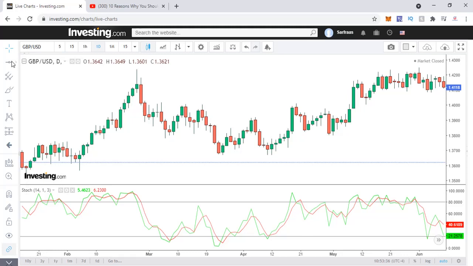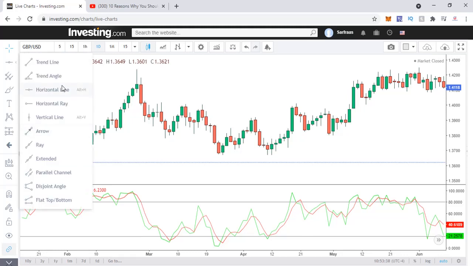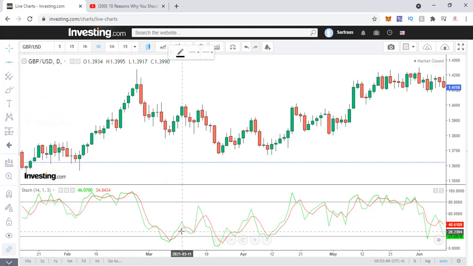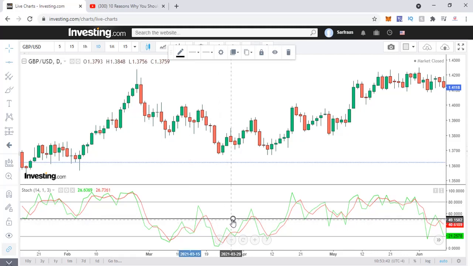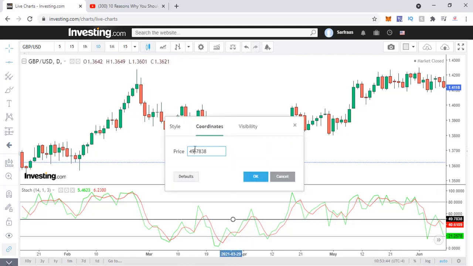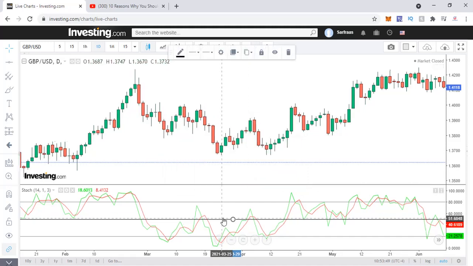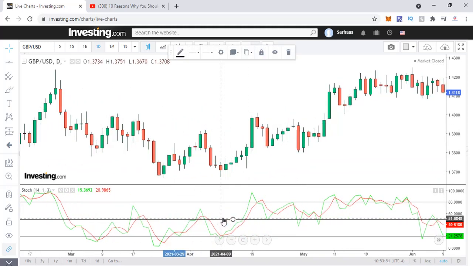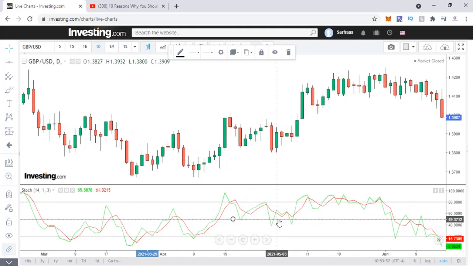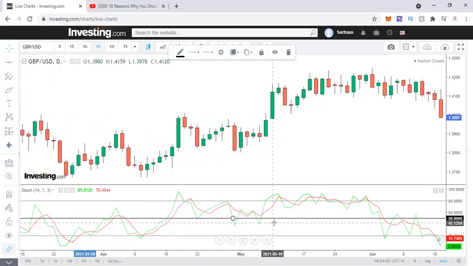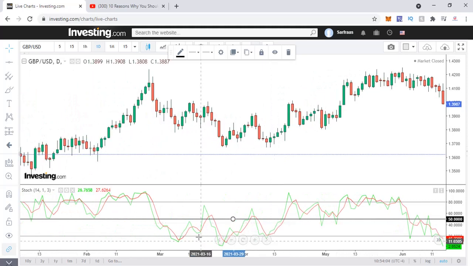Now since we have changed the script, this 50 line is gone. Change the line and come at 50 again. Now since there is a lot of noise over here, and since I'm asking you to keep it default, I wouldn't change this. So this is the script.